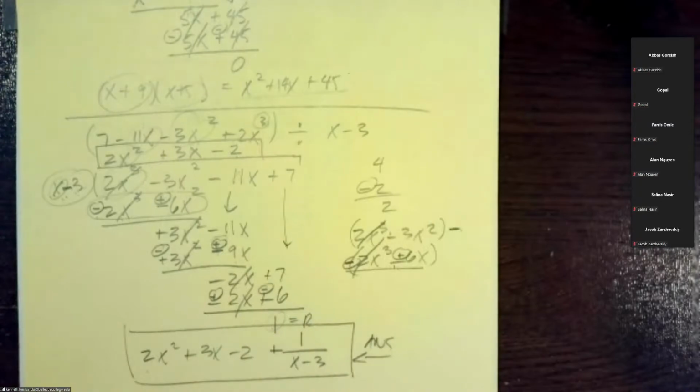Okay, let's see if I've got some other long division problems that I can work through. Yes, let me do that. Let me bring up, okay, let's say I have, make sure I get a different one here.